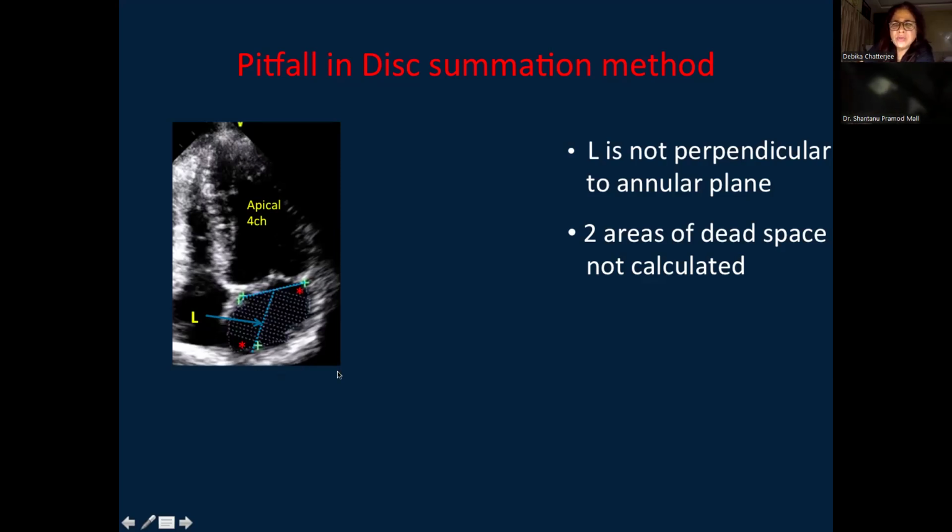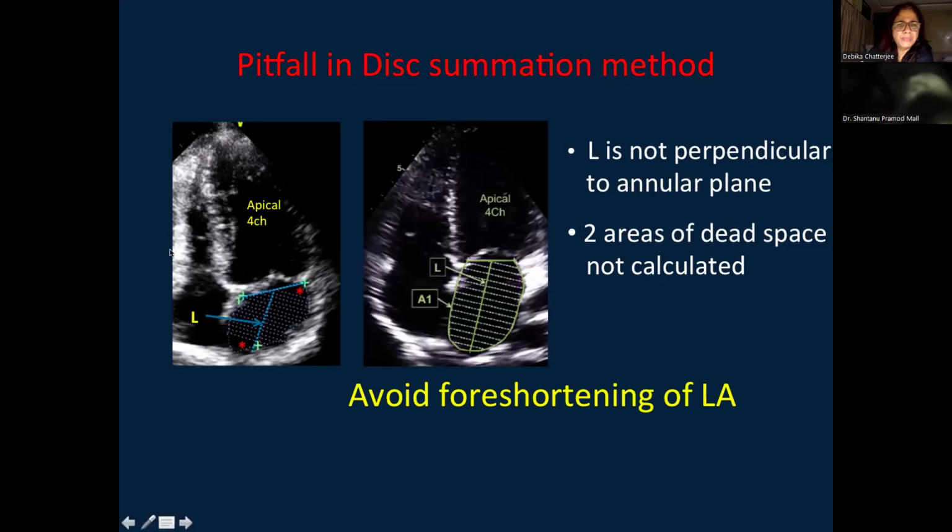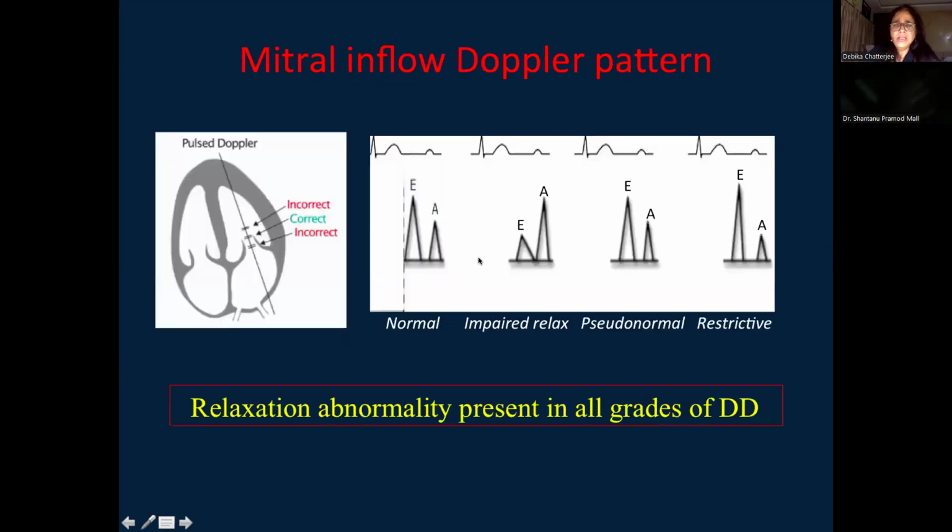So 2 areas of dead space are not calculated in the LA volume. This is to be avoided. It is because of the foreshortening of the LA. So this is wrong, and this is the right approach. You have to be very careful. Your L value should be perpendicular to the interannular line.